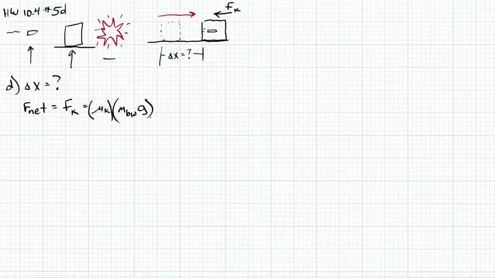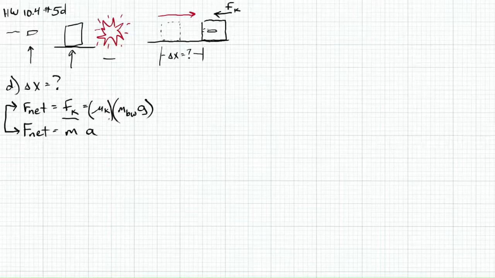So that's the net force acting on this system. And if you recall from our problems several chapters ago where we dealt with net force, we can state the net force a different way. Net force is kinetic friction, but it's also true that the net force is mass times acceleration.